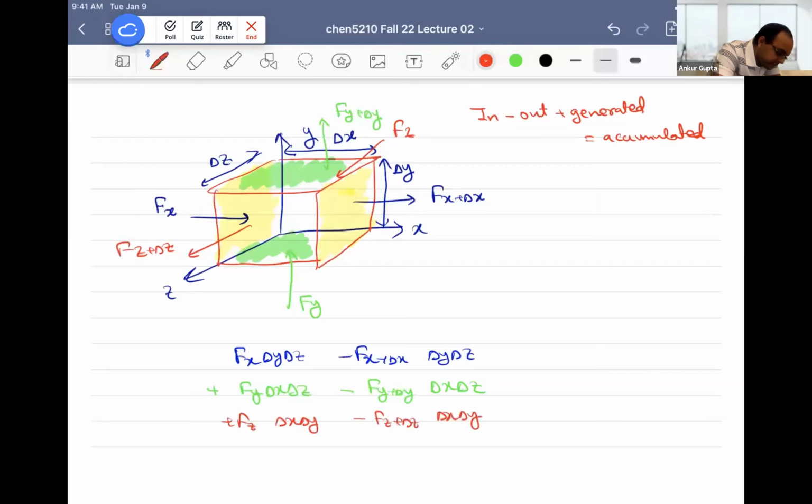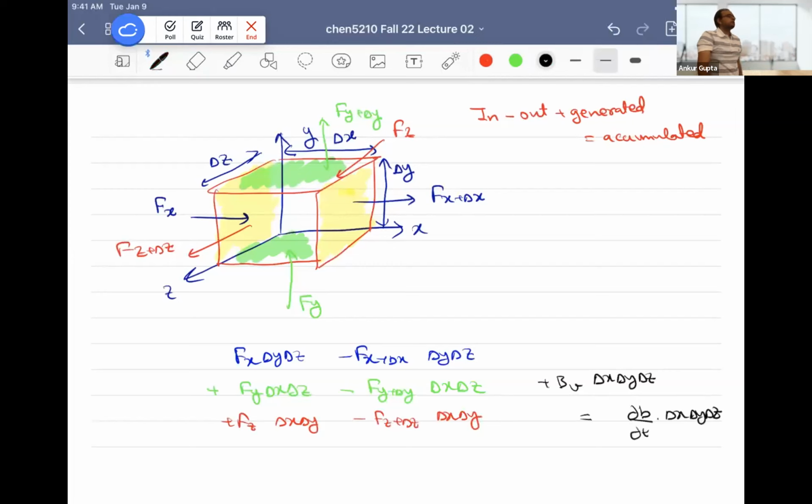So this is the in minus out plus generated. We have already discussed it. It is plus BV, volumetric generation, delta x delta y delta z, is equal to del B by del t times delta x delta y delta z.